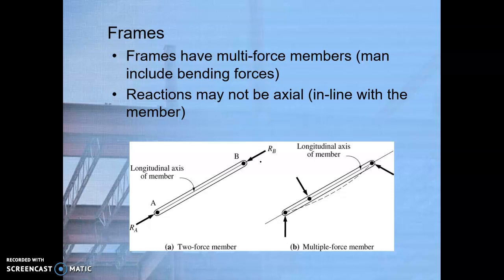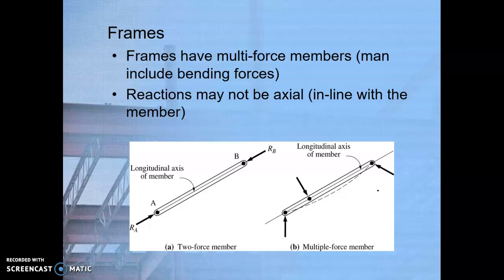And anytime we applied an external load, we assumed that load was being applied at a joint. Frames, on the other hand, can have loads applied to them at any point. And what happens is when a load is applied between some of the joints, it causes bending to occur. And that bending results in various types of bending stresses.